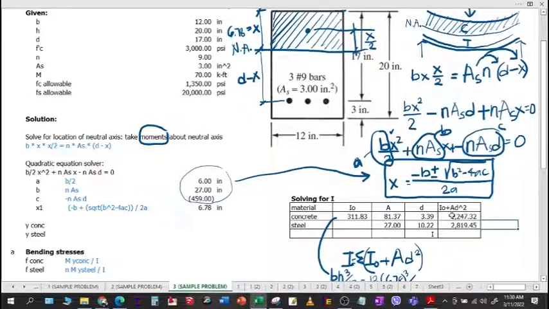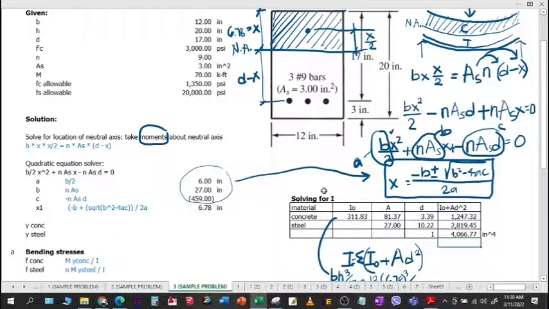And then adding the 2 here, we can solve for the I of the entire section, which is 4066.77 inches to the fourth.